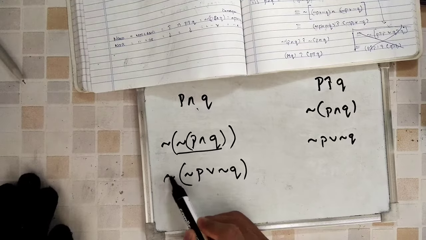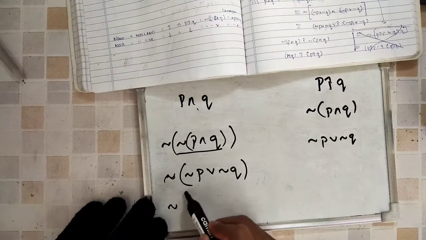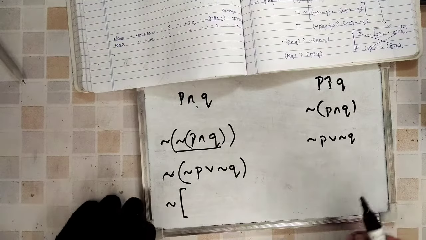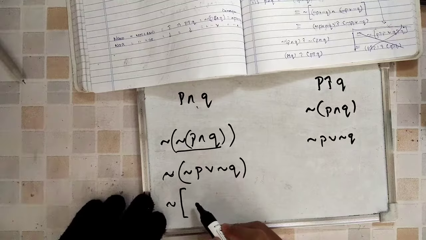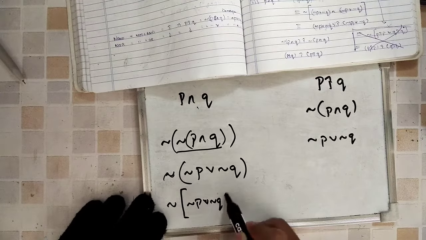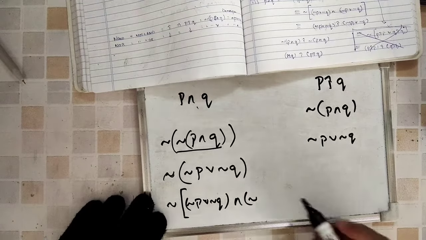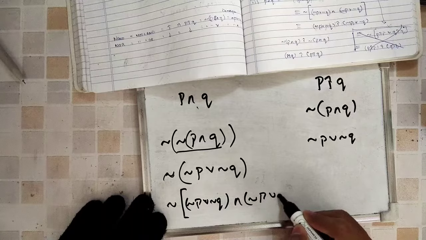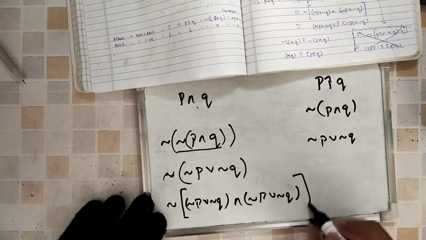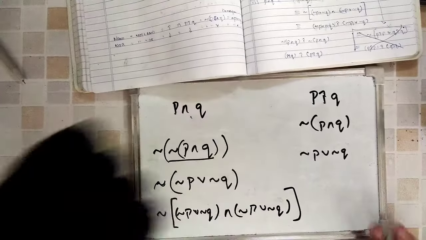So here I have negation of negation P or negation Q. Now what I can do, I will keep this whole negation outside as it is, and then I can simply write negation P or negation Q, and again the same thing, because same thing into same thing is always the same thing, right? Or negation Q. Okay, it's not compulsory that I represent it in this form.